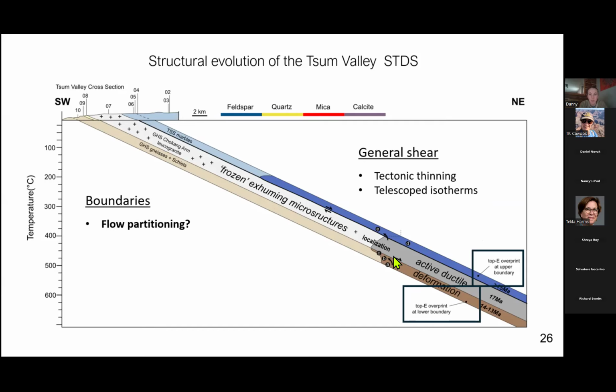So this is maybe not a very important process in the shear zone. Alternatively, another option is that the top east shear represents overprinting from a later deformation event with different kinematics. Unfortunately, the resolution of the rubidium strontium geochronology doesn't allow us to determine that the rocks at the boundary of the shear zone actually deformed later than the rocks directly within it.